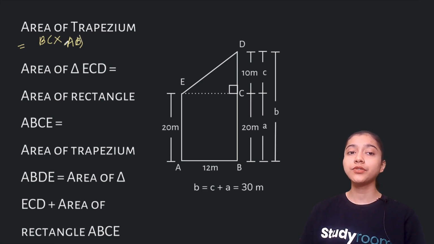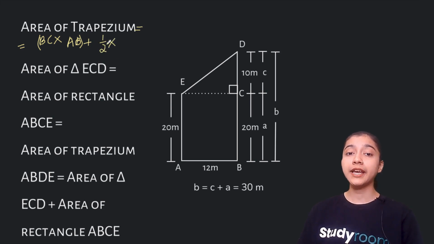So this is the area of the rectangle. Now in order to find the area of the trapezium, we have to add up the area of the rectangle with the area of triangle. So I'll add up the area of the triangle. The area of the triangle will be half multiplied with base into height. The base over here is EC and the height is CD. So I'll be writing EC multiplied with CD.